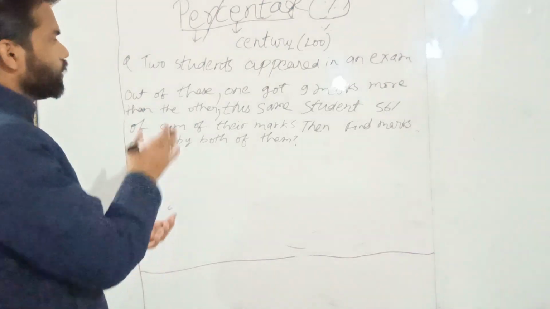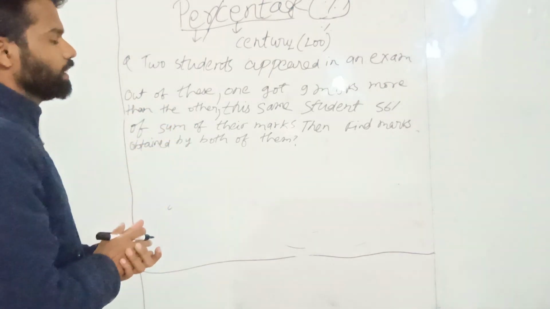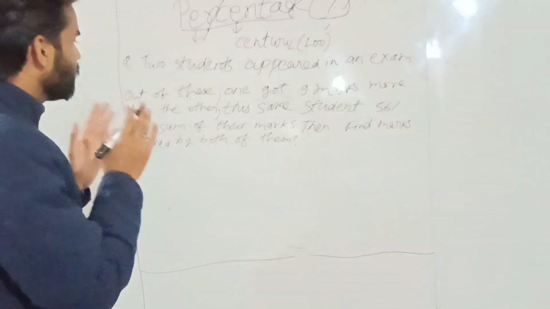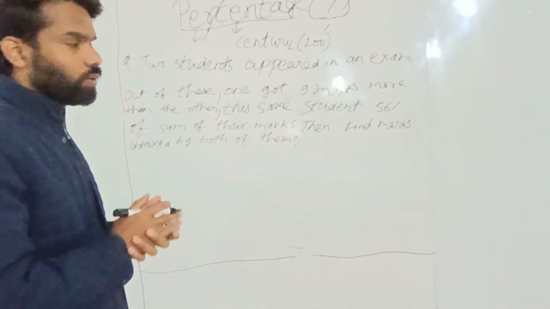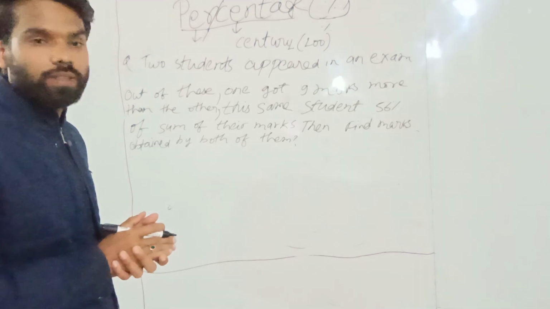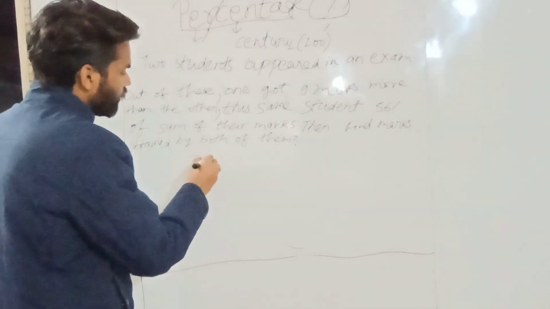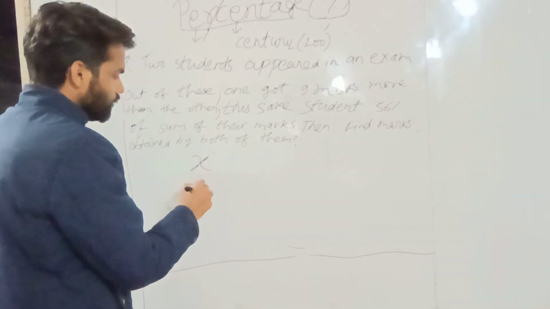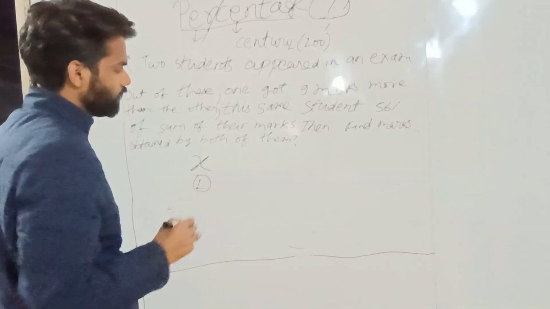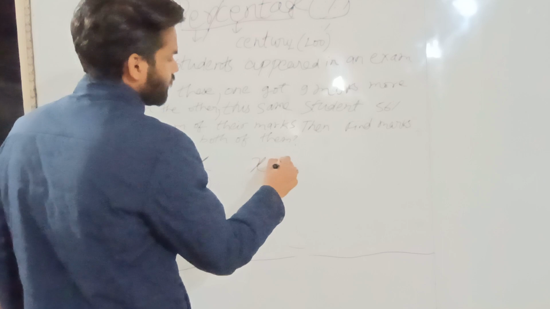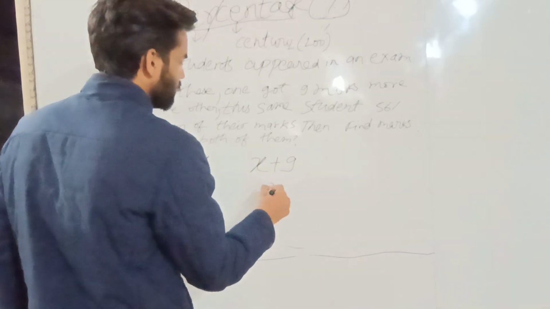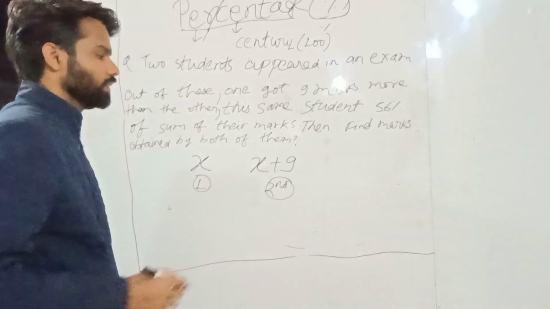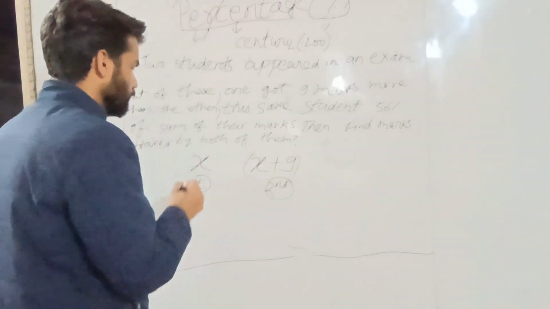So coming to the question, two students appeared in an exam. There are two students. Out of these, one got 9 marks more than the other. So solving it by the basic method, we can write if one got X marks, then the other one will get X plus 9 marks.